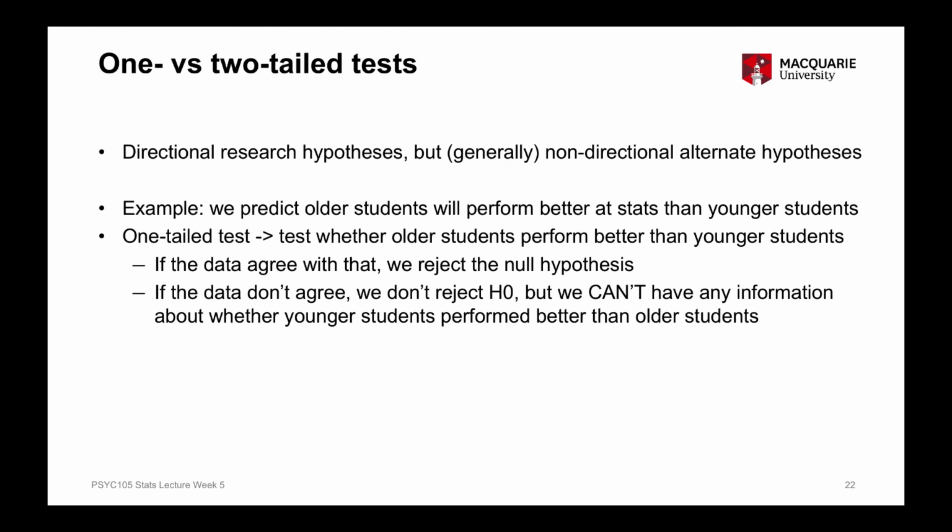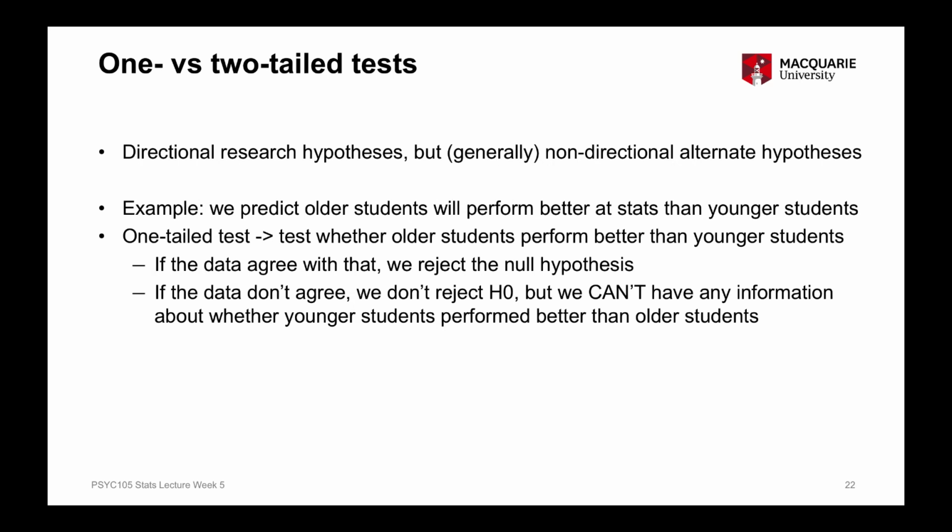If our alternate hypothesis was directional in this instance, then we would use a one-tailed test, and that test would see whether older students perform better than younger students. If our data are consistent with that, then we would reject the null hypothesis.